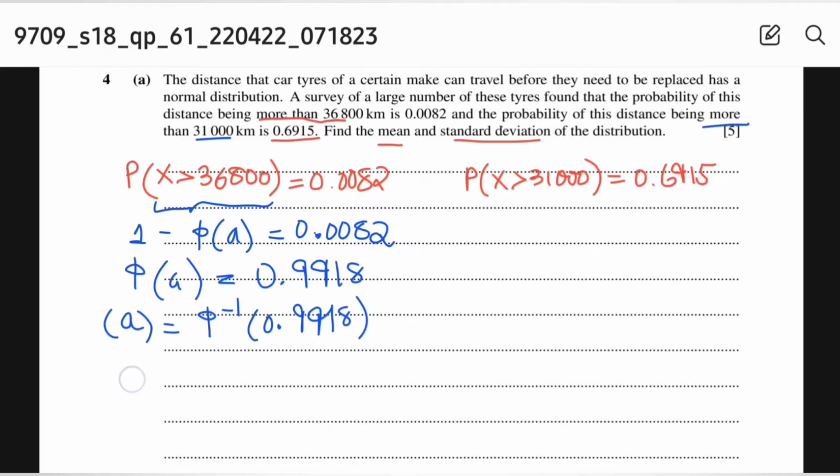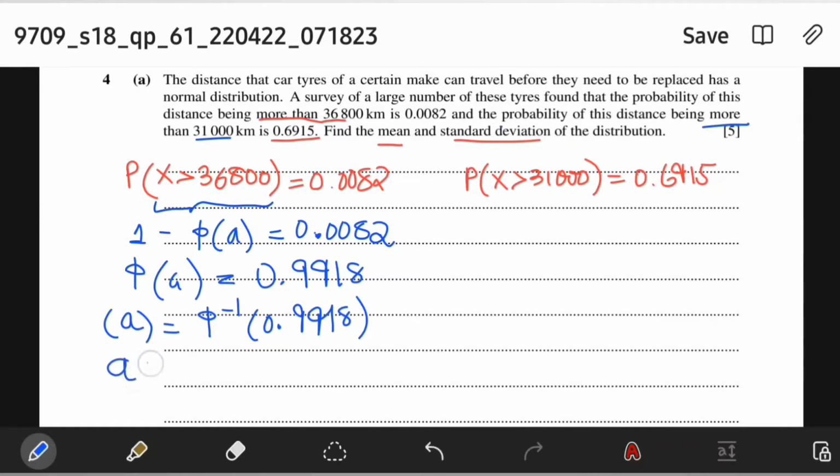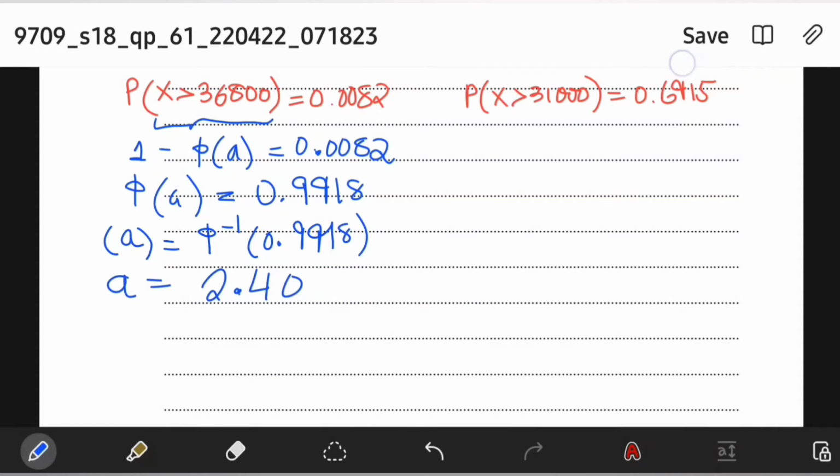So from the table, the value of A is 2.40. Now, what you're going to do is equate this value of A by this expression, 36,800 minus the mean over standard deviation is equal to 2.40.